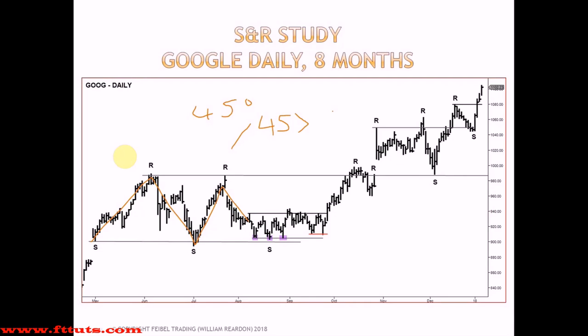The buying is unsustainable. And conversely, if the angle of ascent is less than 45 degrees, the buying quality is suspect. We're kind of grinding up. And also vice versa for a downtrend.